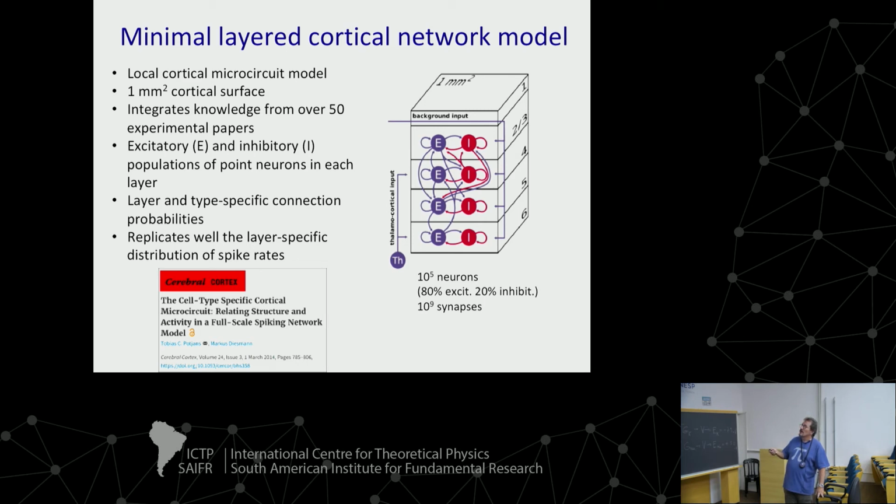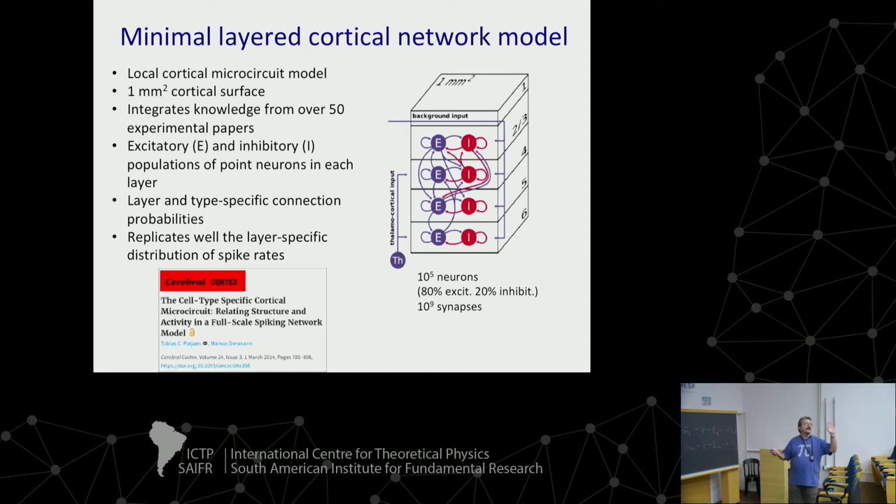So it's a local cortical microcircuit. The surface is 1 square millimeter. It comprises 8 cell populations. It has 4 layers: layers 2 and 3, which they lumped into a single one, layer 4, layer 5, and layer 6. And in each layer, they have excitatory and inhibitory cell populations.